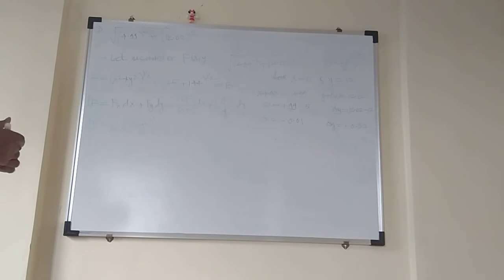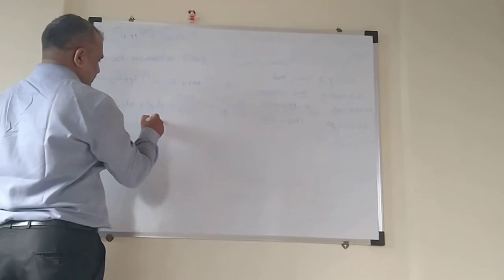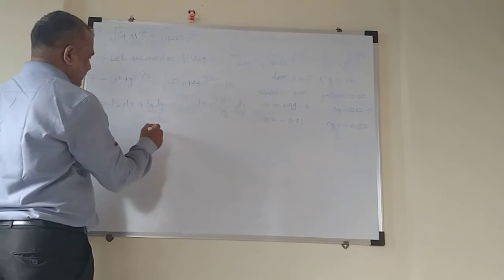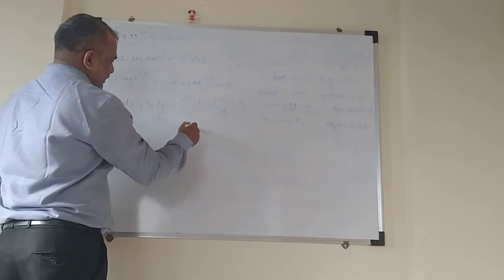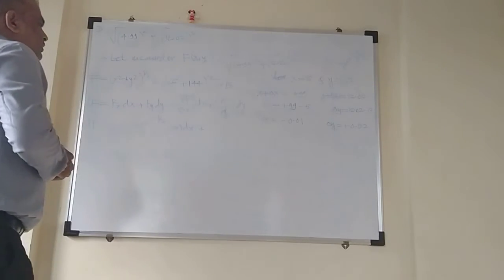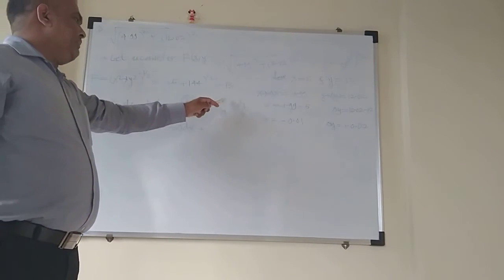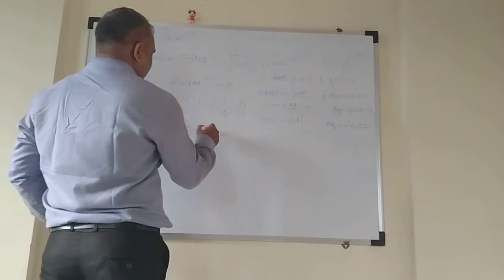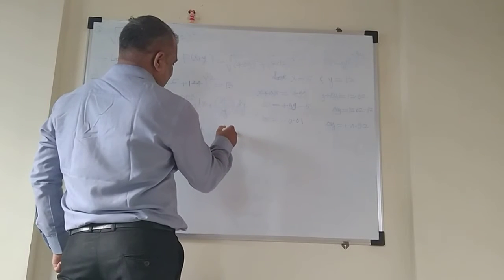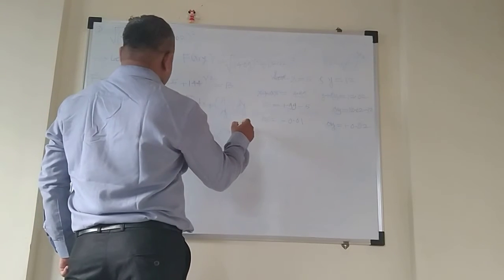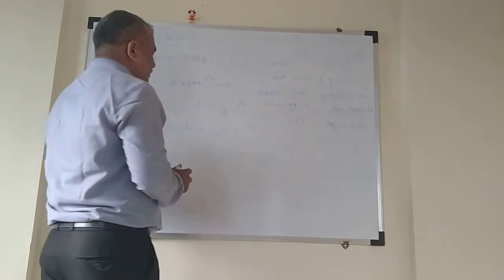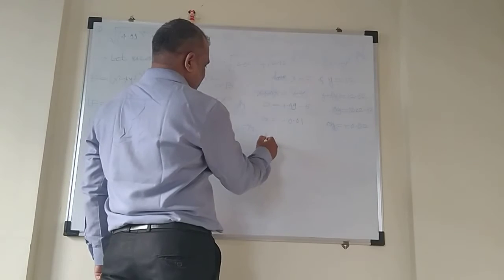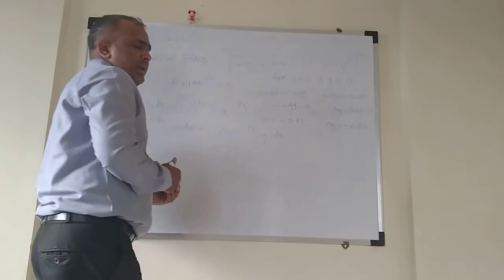Half minus 1 will be minus half, isn't it? So this is minus half, into the derivative of this bracket with respect to x, which is 2x, into dx. Similarly, the partial differentiation of f with respect to y is again 1/2 times x square plus y square raised to power minus half, into the differentiation of this bracket with respect to y, which is 2y, into dy.